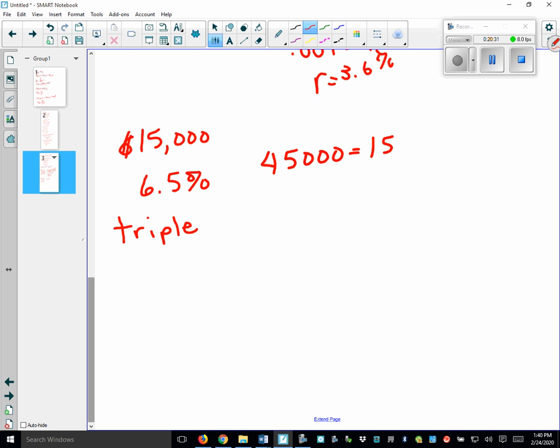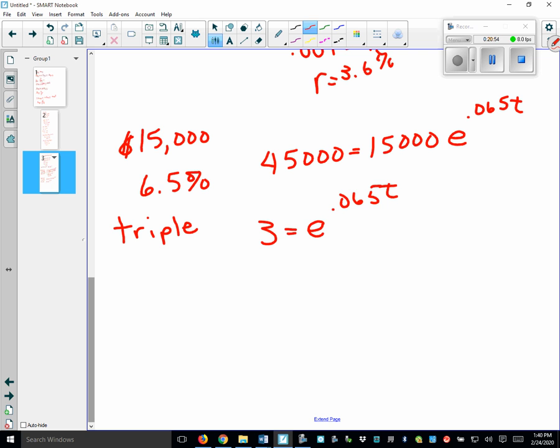45,000 equals 15,000 e to the 0.065t. Can I divide by 15,000? So 3 equals e to the 0.065t.